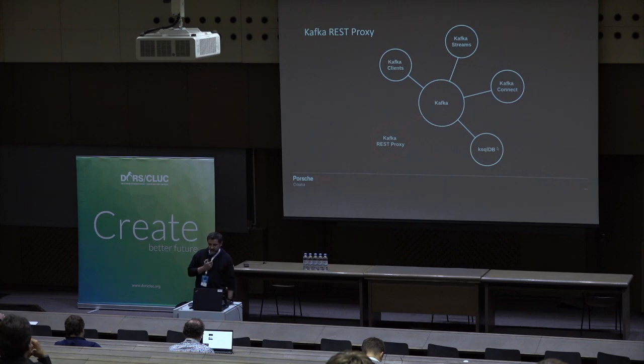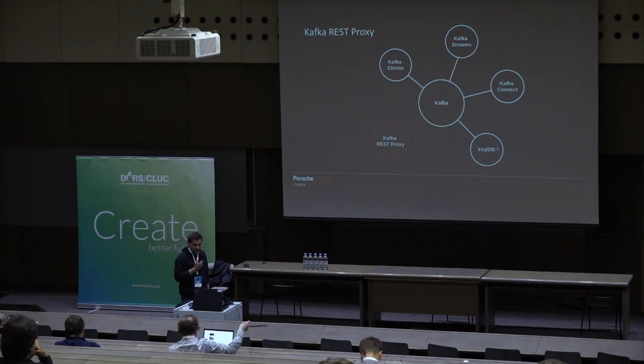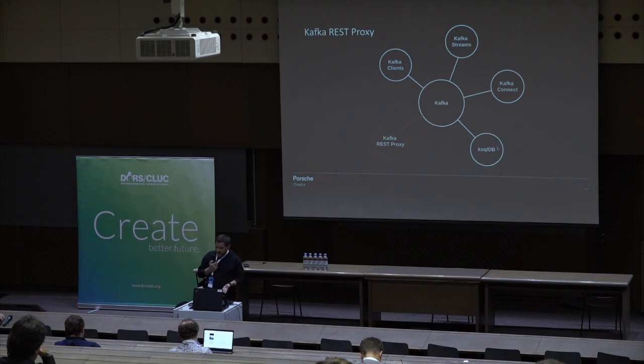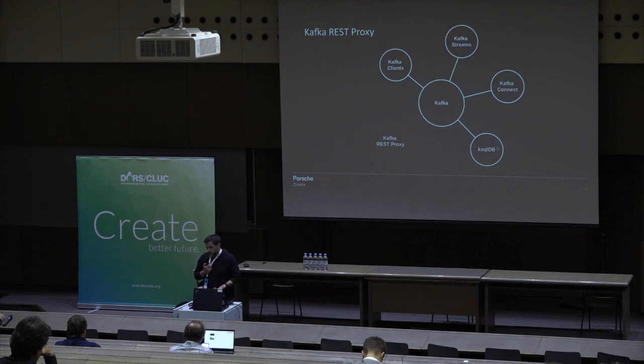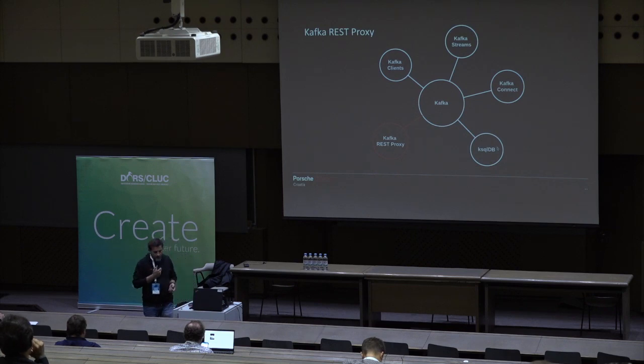The next component is Kafka REST proxy. In a situation where you don't want to build your application around client libraries for Kafka, like Java or Python or any other existing library, you can just use the REST API and produce or consume data via REST using whatever library you want for HTTP communication.